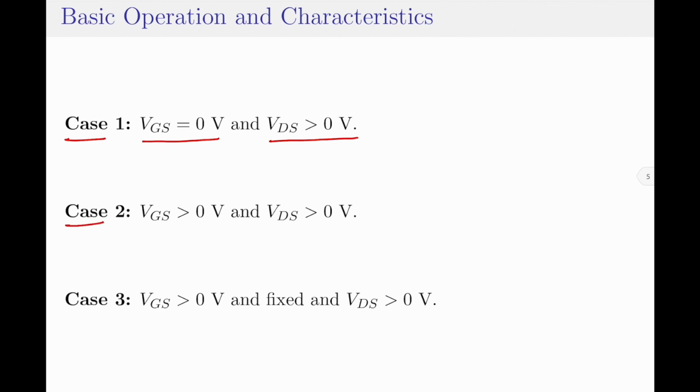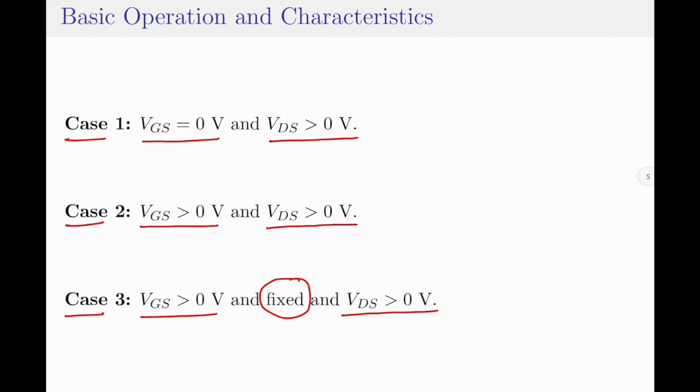In case 2, the gate to source voltage is a positive value and the drain to source voltage is also a positive value. Here, both VGS as well as VDS are variables. Lastly, in case 3, the gate to source voltage is greater than 0, but it is a fixed value, that is, it is positive but constant, whereas VDS is greater than 0 and is a variable.